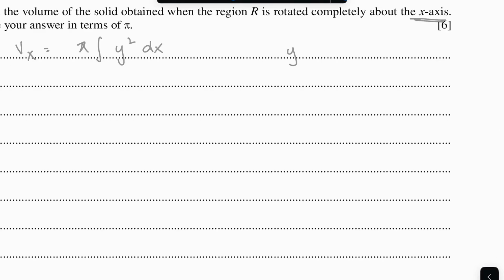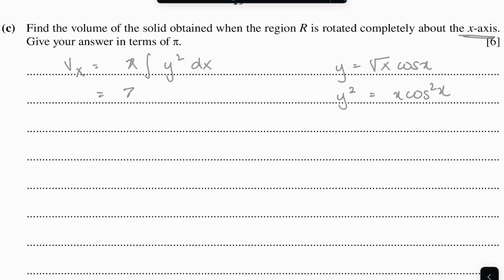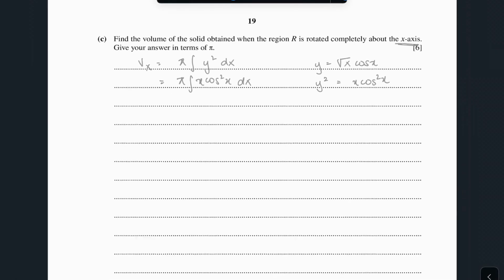Our function of the curve is given to us as y is equal to root x times cos x. So we know that y squared would be x cos squared x. So we are finding pi integral of x cos squared x dx.